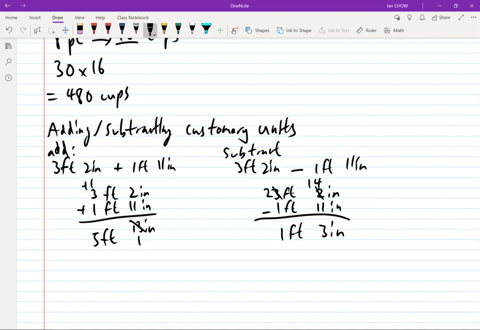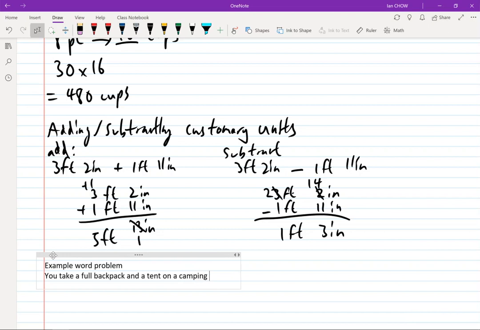So let's do one example word problem together. So example word problem again. And so this time you take a full backpack and a tent on a camping trip.